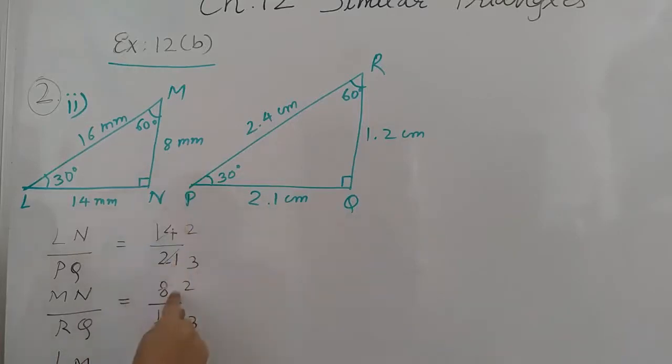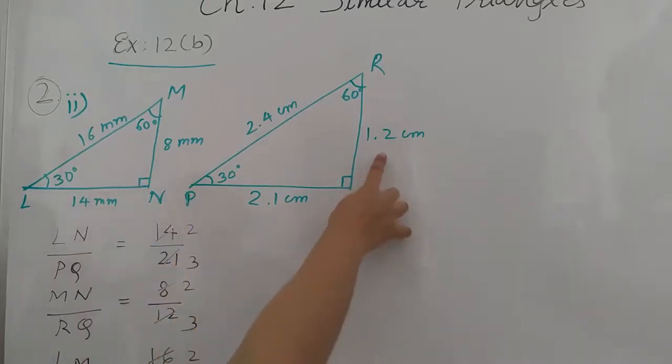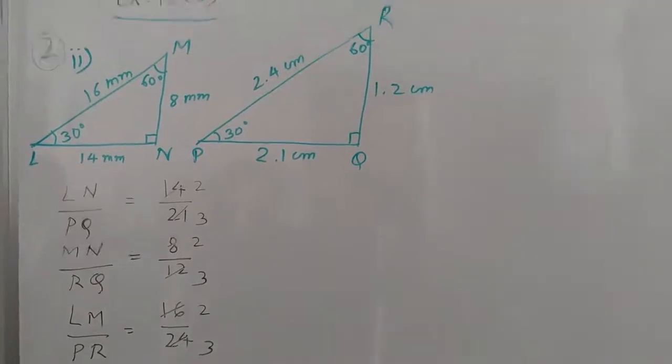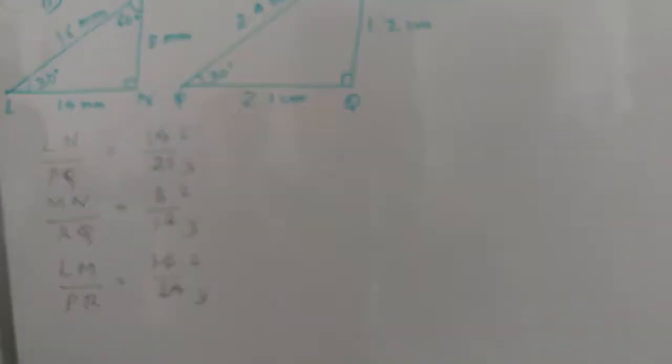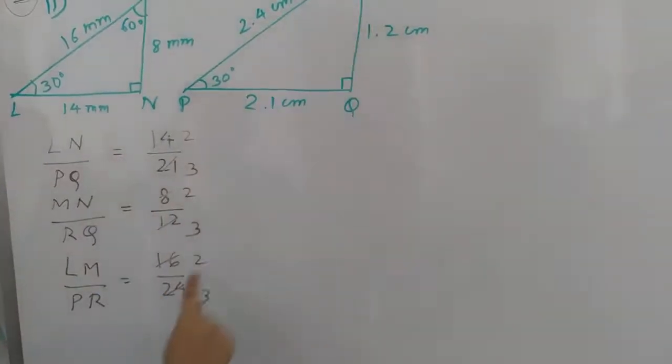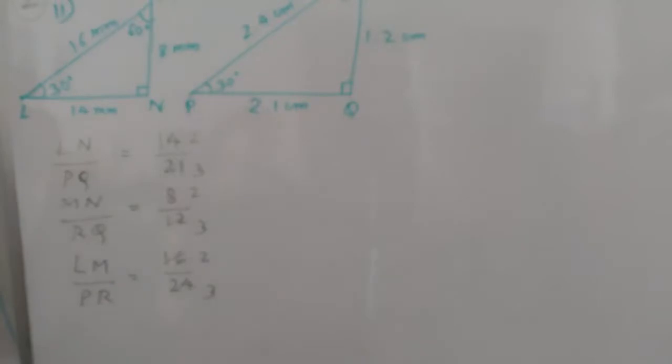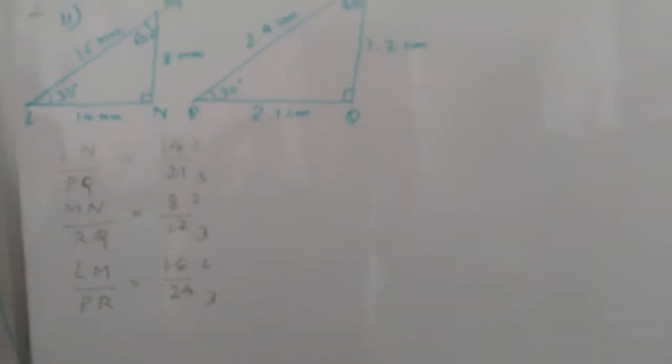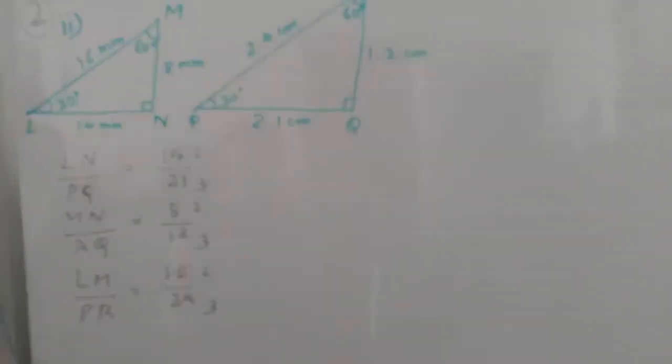That is 8 upon 1.2 centimeter converted into mm as 12, and then cut it by 4: 4 2s are 8, 4 3s are 12. And the third side is LM upon PR. LM is 16 mm and PR is 2.4 cm converted into mm as 24 mm. By cutting here, 8 2s are 16, 8 3s are 24.